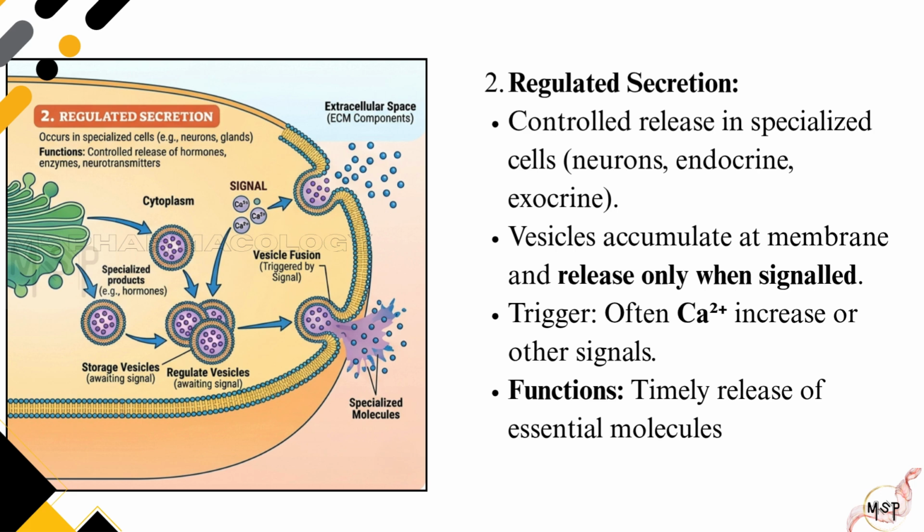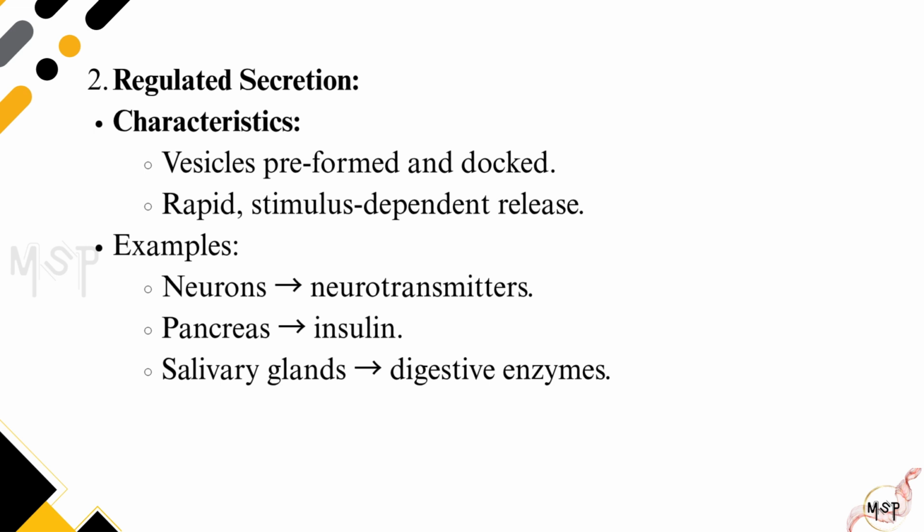This signal is almost always a transient rise in intracellular calcium. When a spike in calcium hits the cell, the floodgates open. This is how neurons fire and how insulin is released. Here, the vesicles are preformed and docked at the membrane, and the release is rapid and stimulus-dependent.